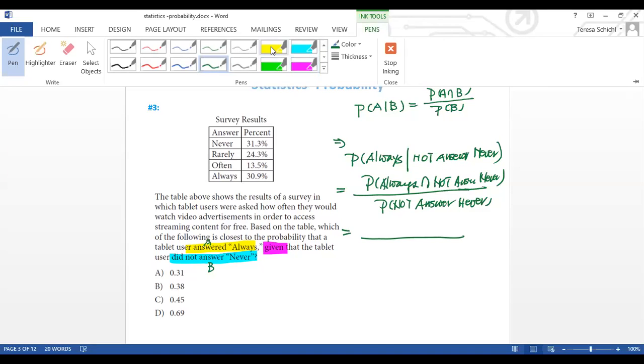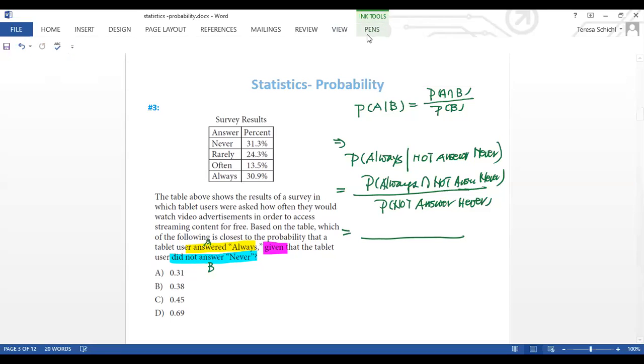So what does not answer mean? That means it's everything except answer, right? So not answer, never. It will be everything except, right?